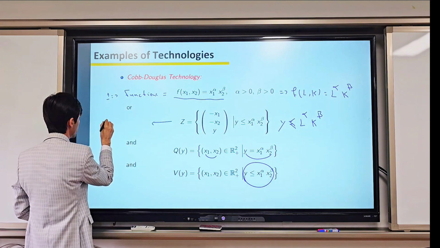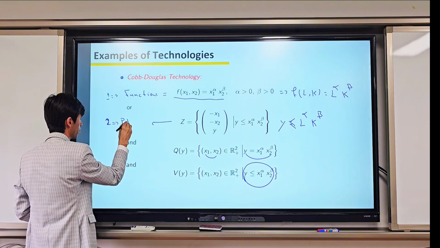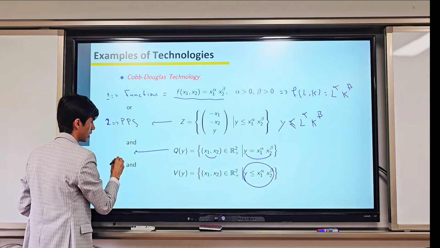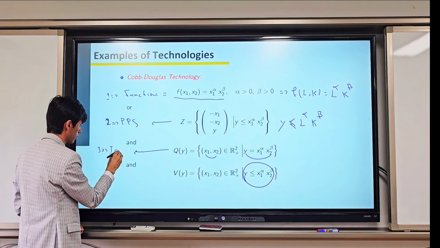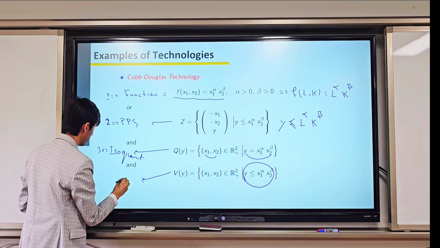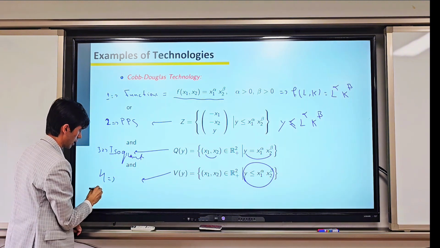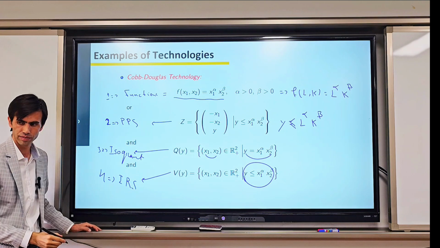Number 2 is the production possibility set. Number 3 is our isoquant. And number 4 is our input requirement set.